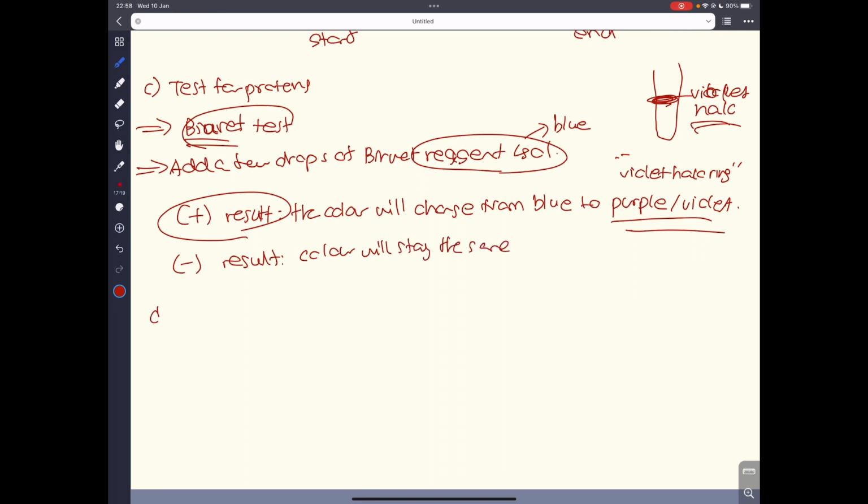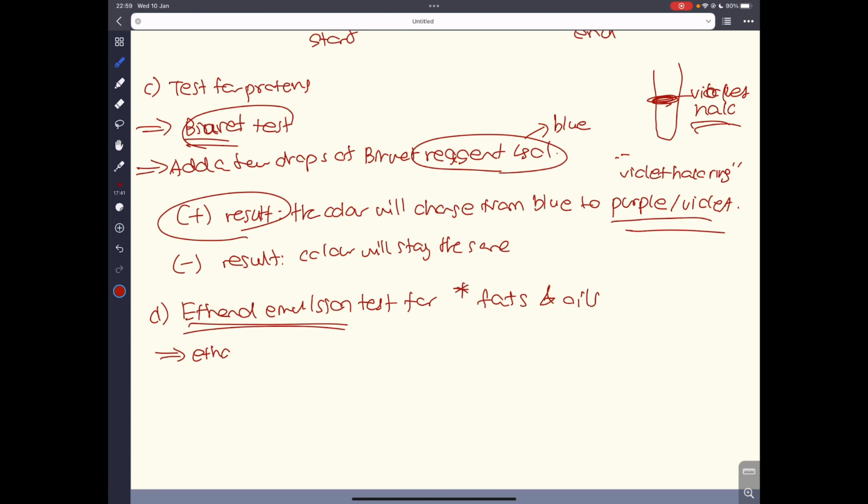Now, another test that I want you to know is the ethanol emulsion test. Now, this ethanol emulsion test is for fats and oils. Now, it is called ethanol emulsion test because we are using the reagent ethanol.